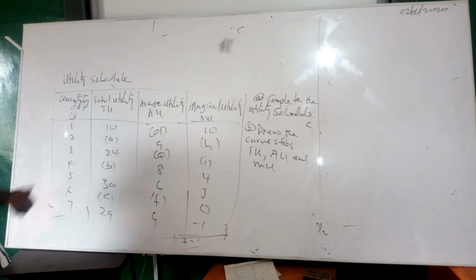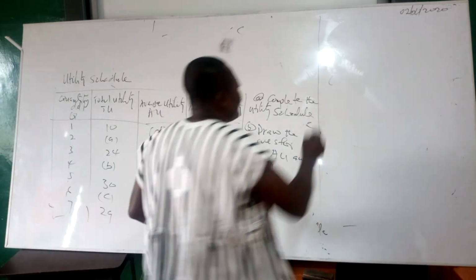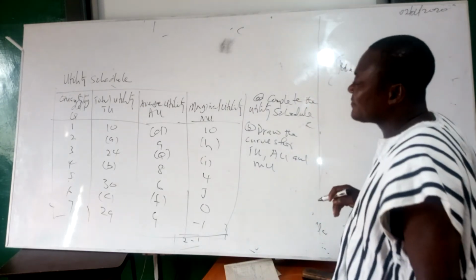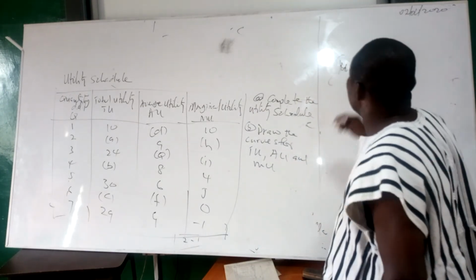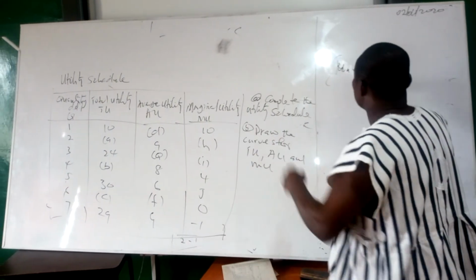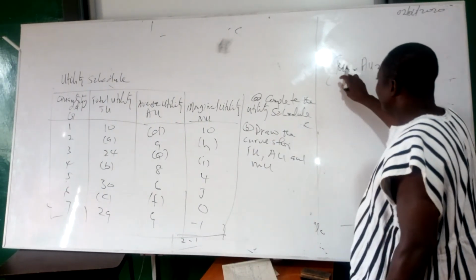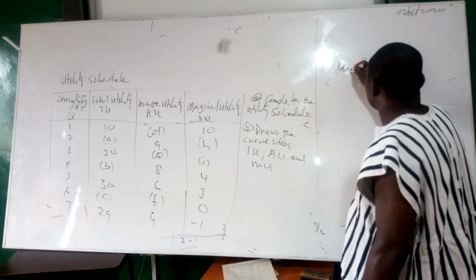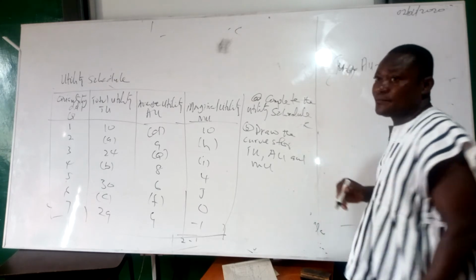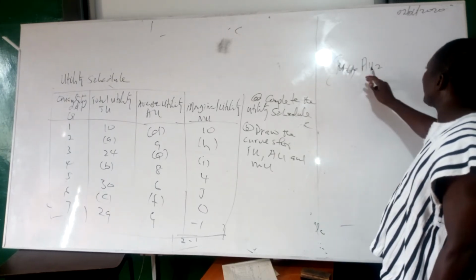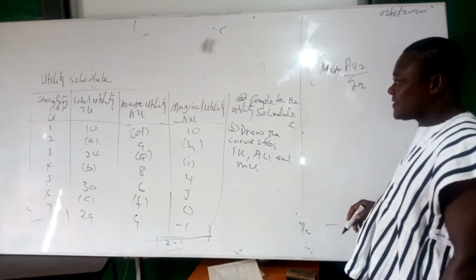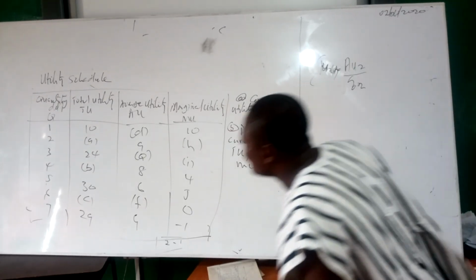A. Total utility A. Of course, we have AU2. Total utility 2 is A. So we have AU2 over Q2.